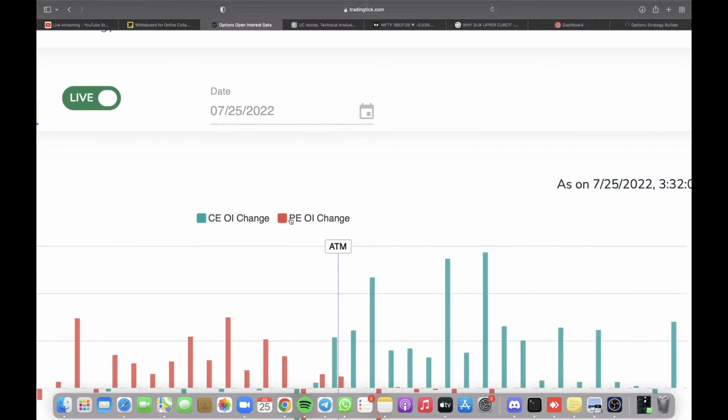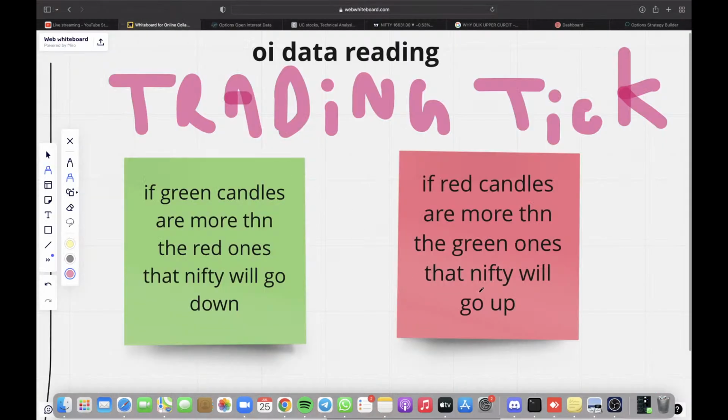Now in OI, it is opposite, okay? If green candles are more, Nifty will go down.